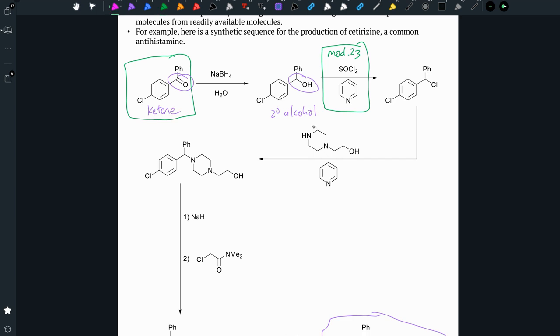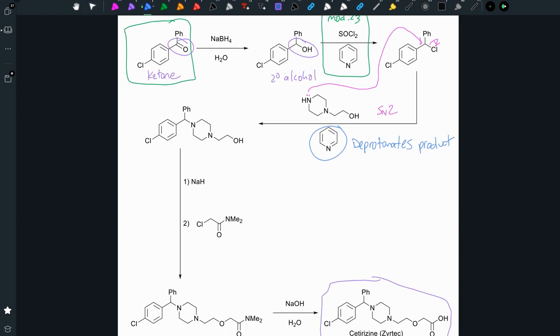You have seen that before. You haven't necessarily seen it with this nucleophile, but you have seen this kind of reaction before. This would be just a regular old SN2 followed by deprotonation by pyridine, to yield this next intermediate in the sequence.